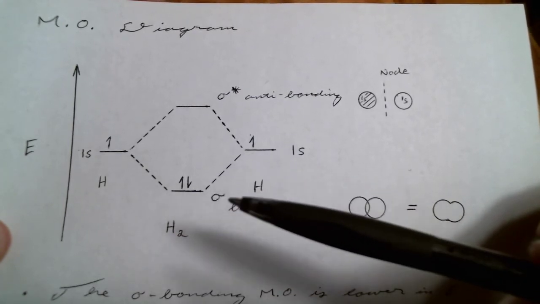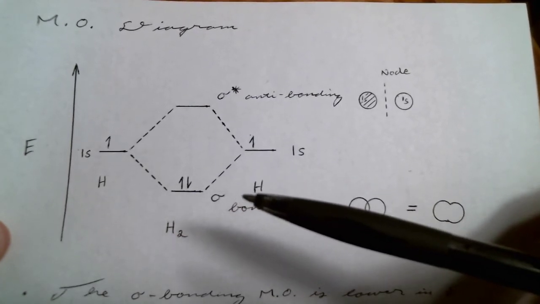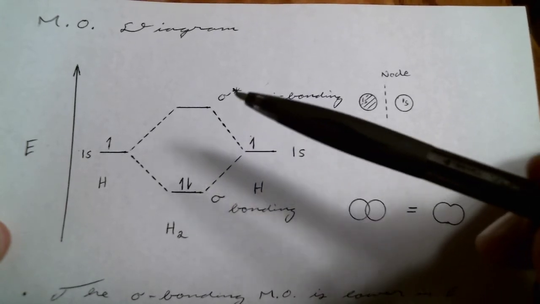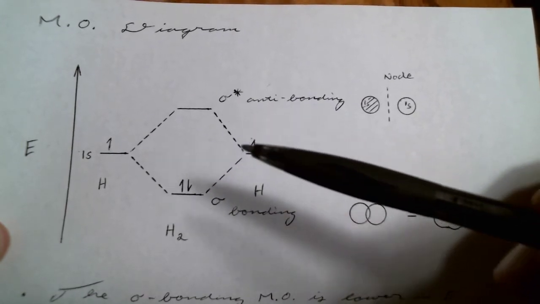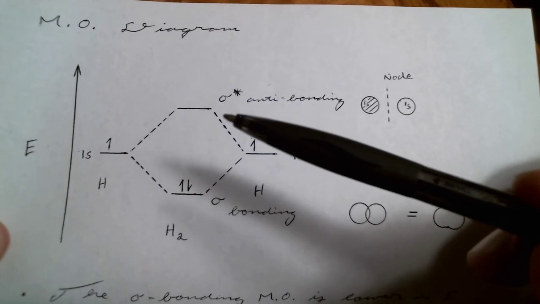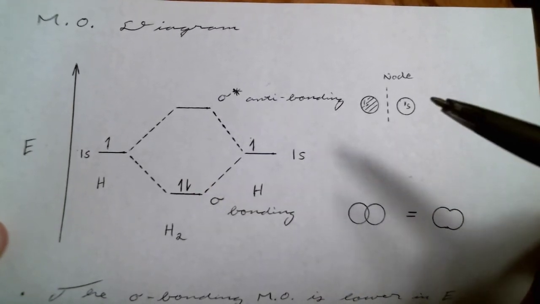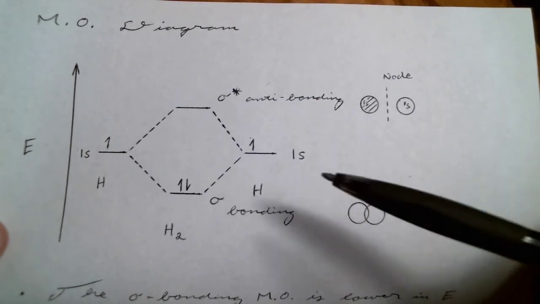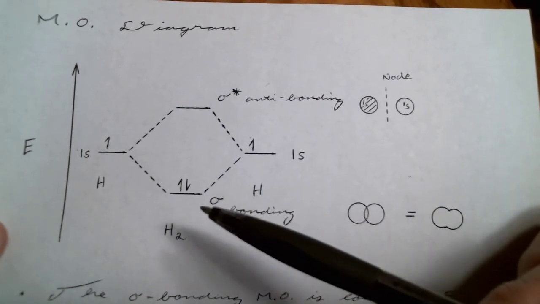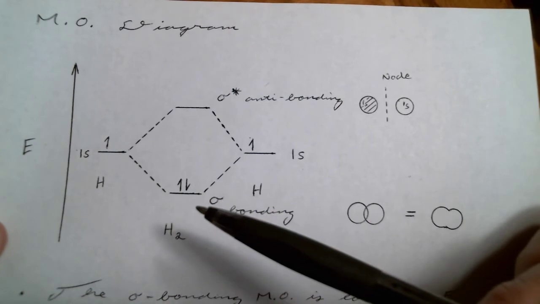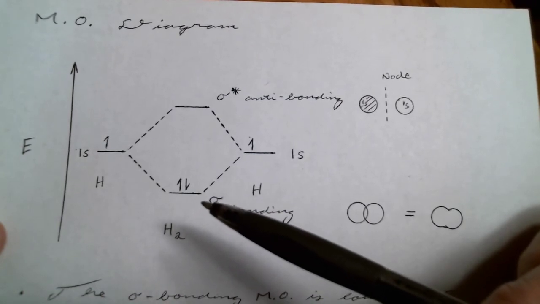Interestingly, as far down in energy as the sigma bonding molecular orbital is pushed, the sigma star antibonding molecular orbital is pushed up the same degree in energy. And we already described what those molecular orbitals look like. What is interesting is each molecular orbital can hold a total of 2 electrons.